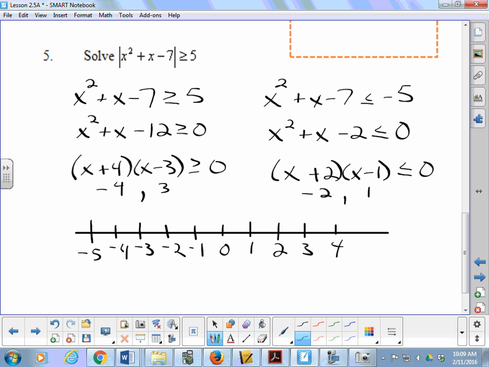All right, it's greater than or equal to, so I'm going to put solid dots at all four of those zeros.